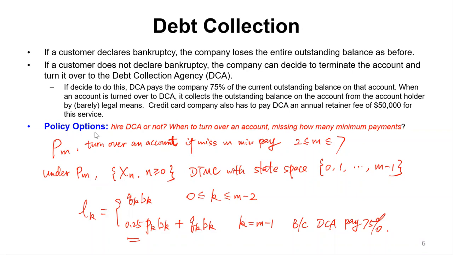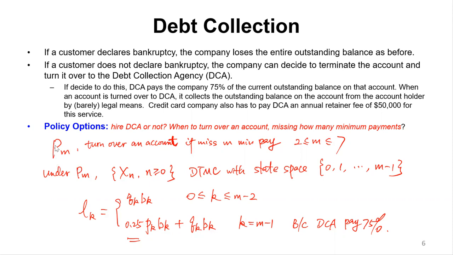Now, policy options. Should we hire this DCA, the debt collection agency, or not? And also, if we hire the DCA, when to turn over an account? That is when the customer misses how many minimum payments, then we terminate the account and turn it over to the DCA.